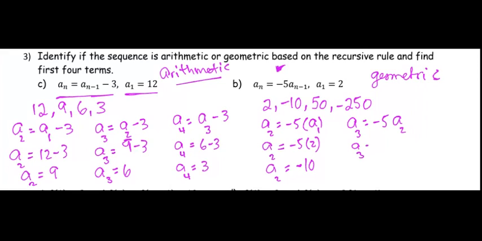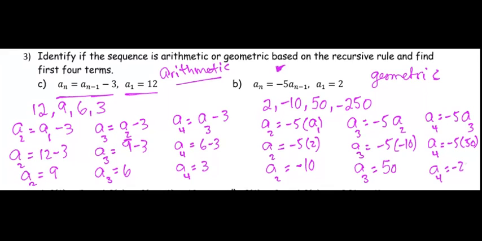That means the third term is negative 5 times the second term, which is negative 10. This means the third term is equal to 50. The fourth term is equal to negative 5 times a sub 4 minus 1, which is 3. That means the fourth term is negative 5 times 50, and the answer is negative 250.